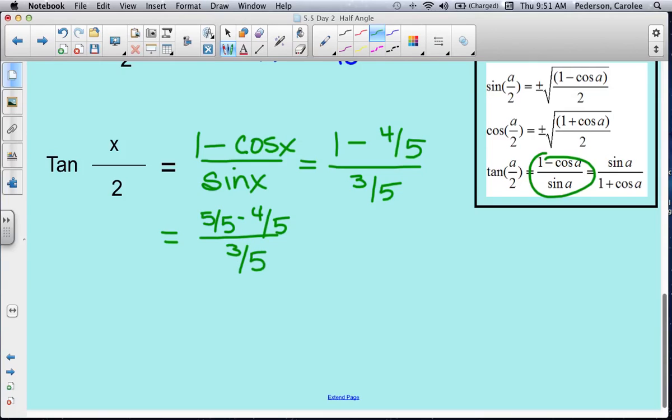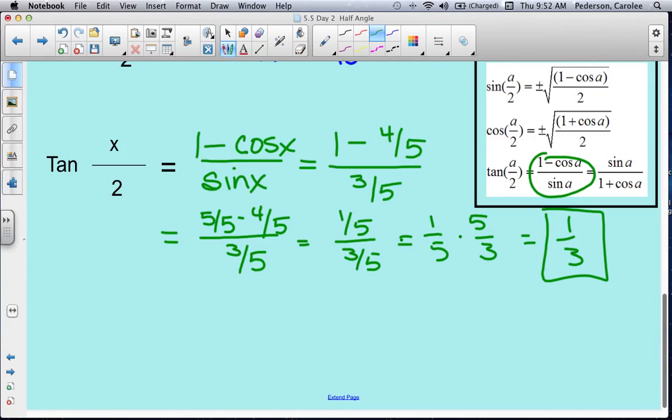So 5/5 minus 4/5 is 1/5 over 3/5. Fraction divided by fraction. Change it to multiplication and reciprocate. Now what cancels? The 5s. So our exact value for the half angle of this triangle for the tangent is 1/3.